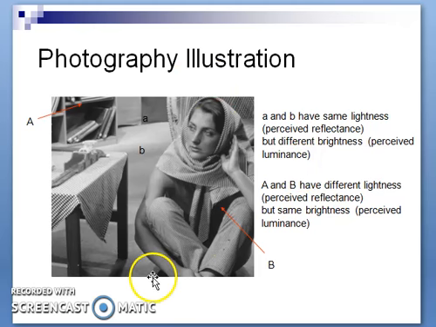It's a standard image where we have marked A and B, which have the same lightness but different brightness. This A and this B have different lightness but same brightness. So we can see that in the same image we can find same lightness and different brightness conditions.